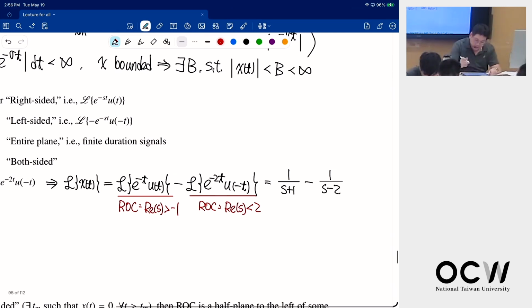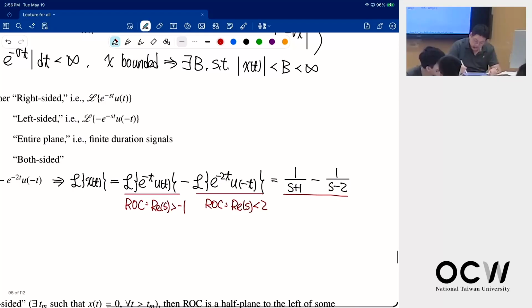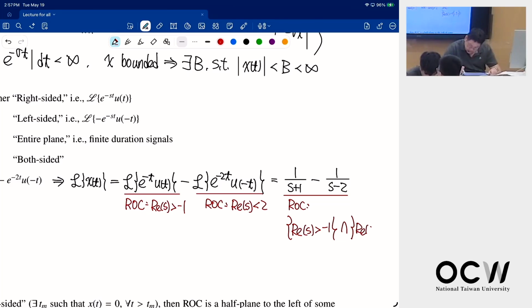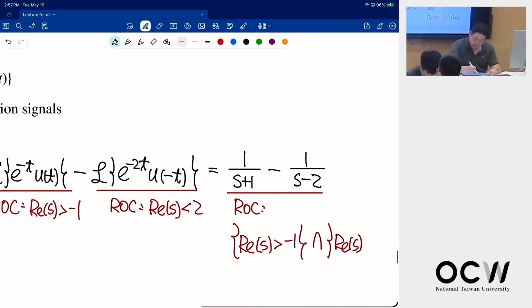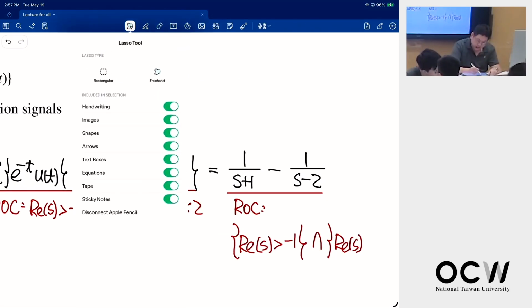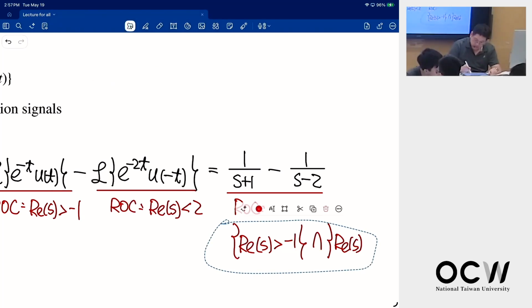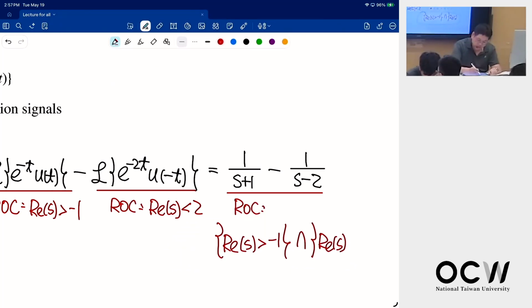So for this, the region of convergence should be the intersection, intersect the region of 2. Should be less than 2.